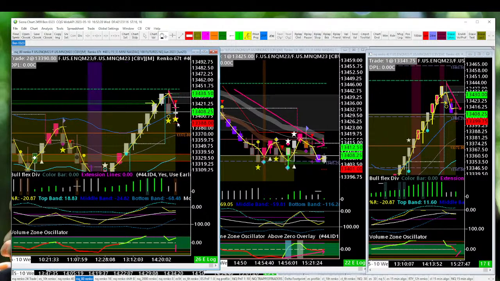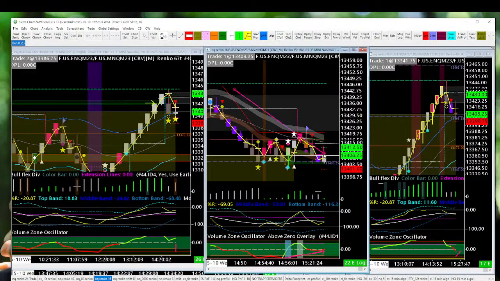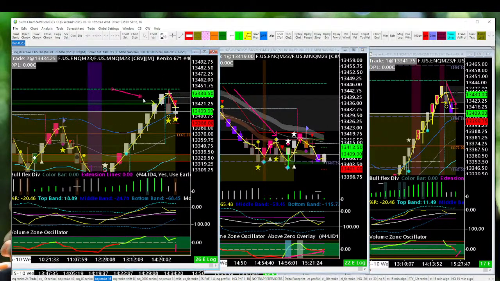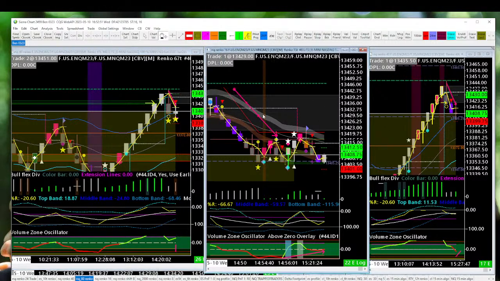Once this triangle prints, the likelihood we're at least coming to the midpoint is really high. And then you definitely don't want to be buying these little bounces. And if you want to be safe, just stop buying once you see this. Just quit it. And yeah, you'll miss a couple big 40-point moves, but you'll also miss a ton of stops.